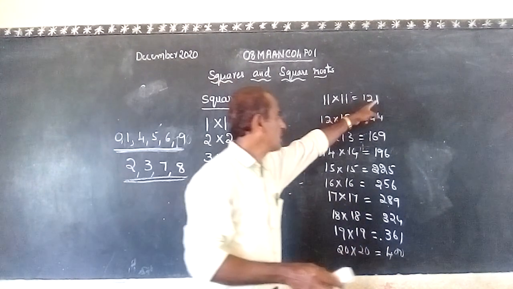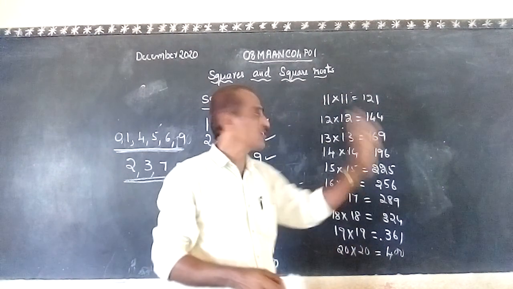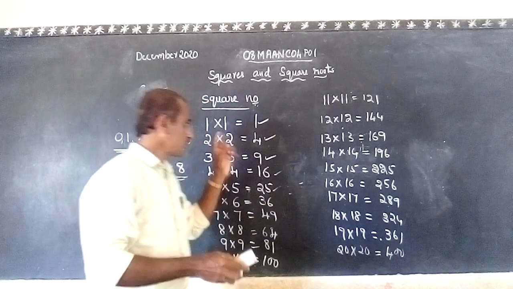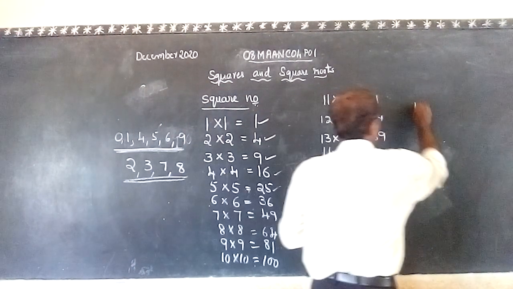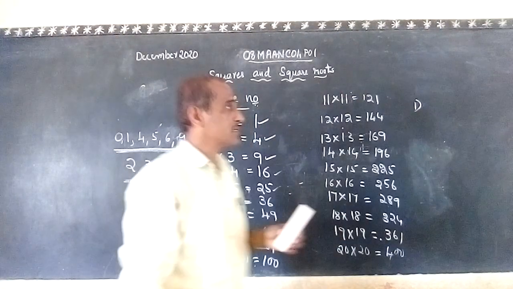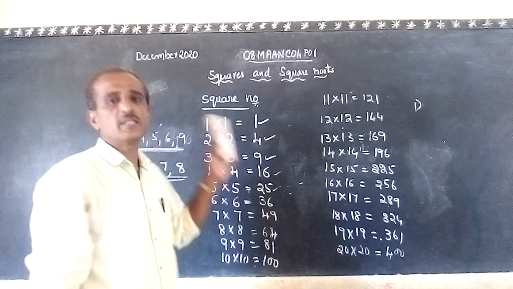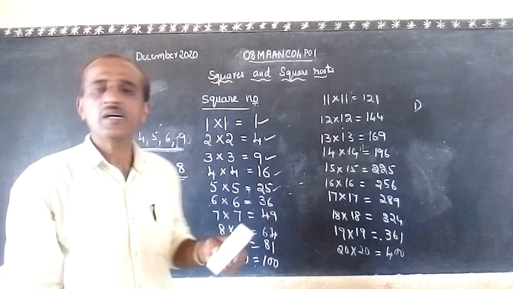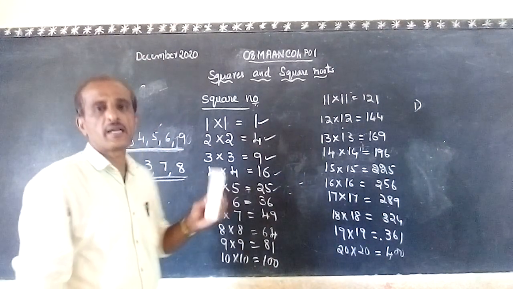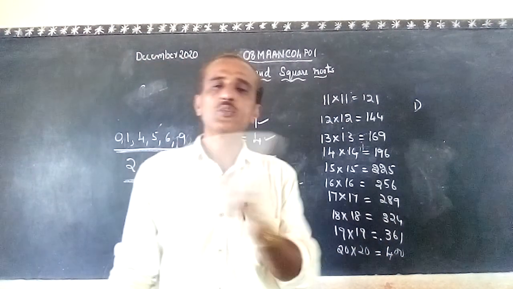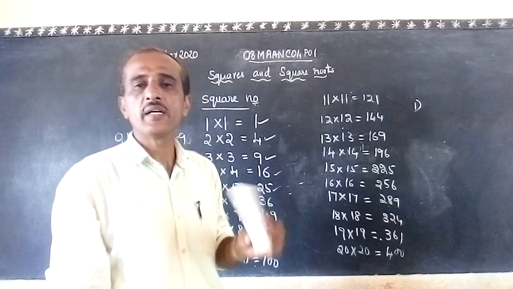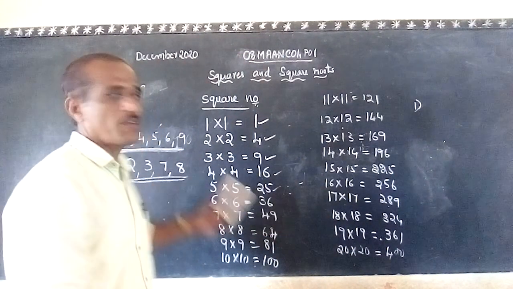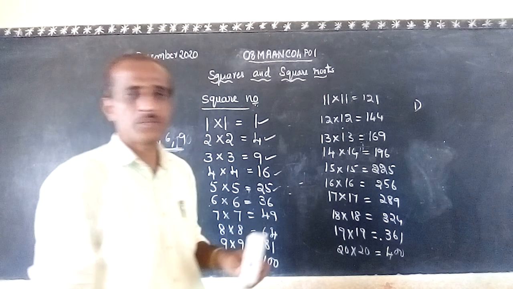Square numbers do not end with 2, 3, 7 or 8. In the unit place of a perfect square there is never 2, 3, 7 or 8. That is one property of the perfect square.